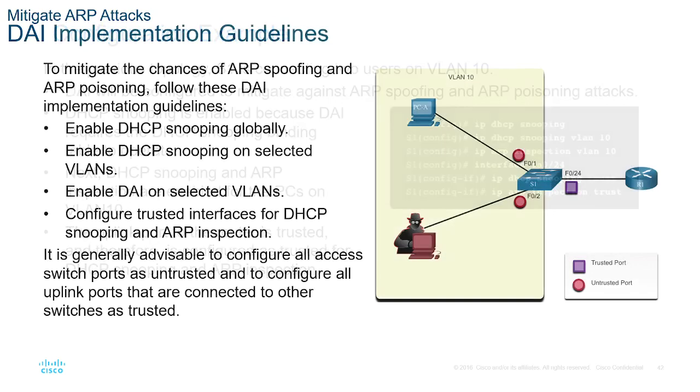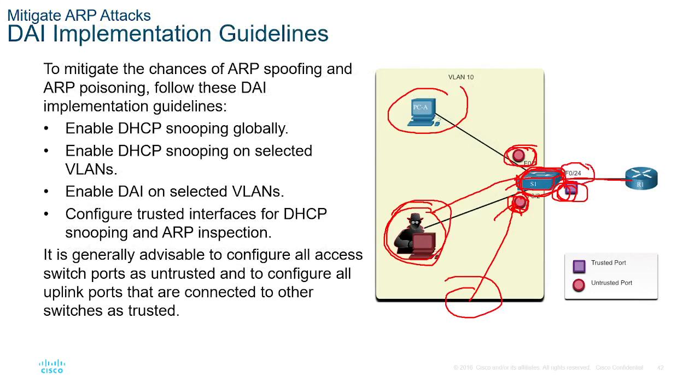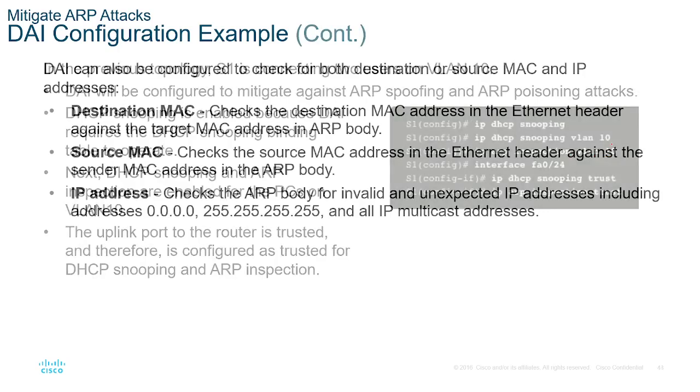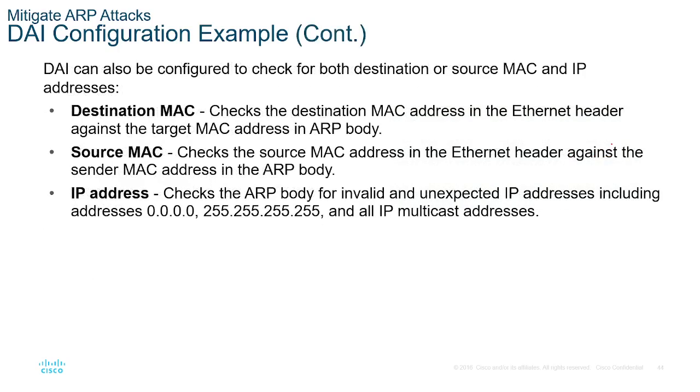Sino yun? Ito, yung 24. Ito yung i-configure mo ng trusted: DHCP snooping trust and ARP inspection trust. So, dito, hindi mo sila gagawing trust. Untrusted dapat.